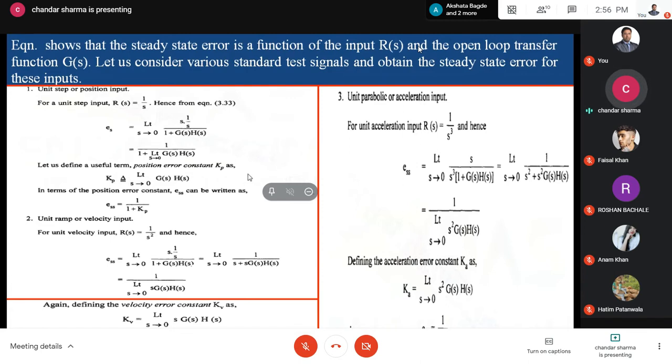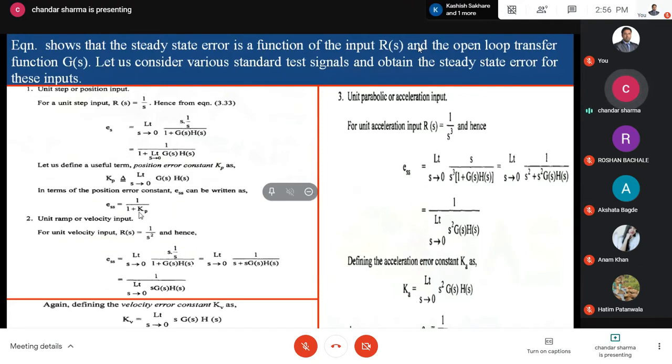In terms of Kp, the steady state error is e_ss equals 1 by 1 plus Kp for a unit step input, where the formula for Kp is limit s tends to 0 of G(s)H(s).